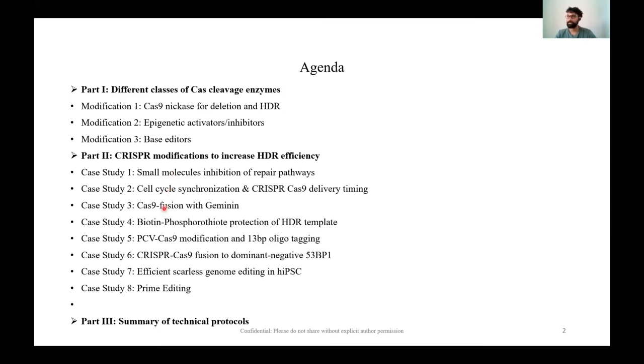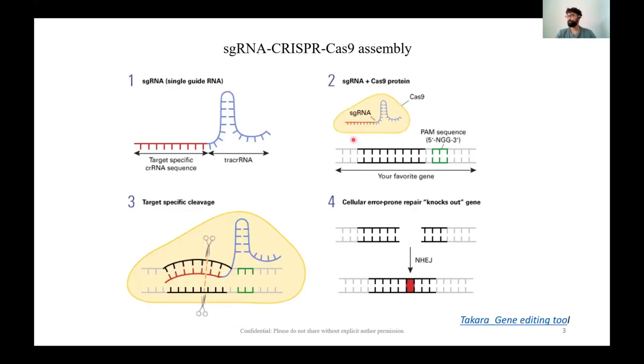I will go into that, and most of these techniques or the case studies I've listed, I have experience with. And finally, I'll be sharing some summary of these technical protocols towards the end. And if you need something really specific, you can always reach out, and I will share full protocols with you as well.